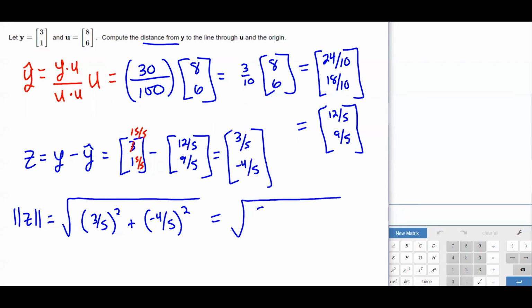So this is 9 over 25 plus 16 over 25. Is that 25 over 25? We get 1. Square root of 1. So this y is only a distance 1 away from that line.